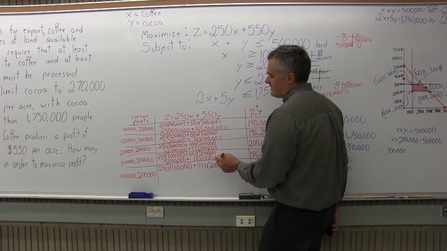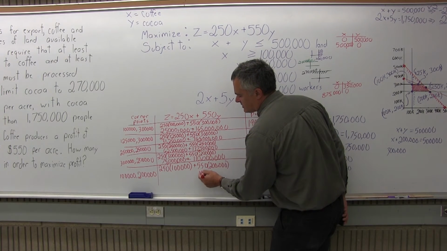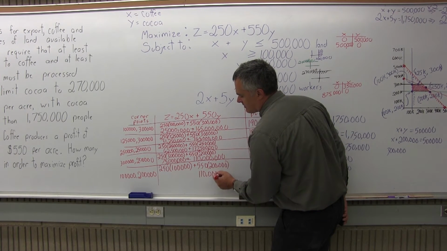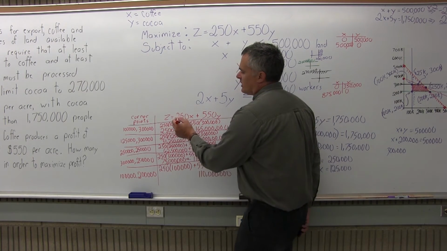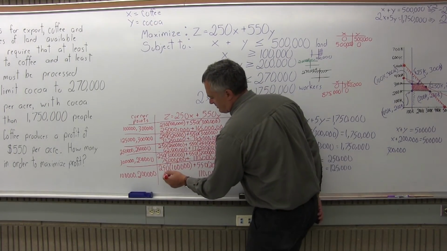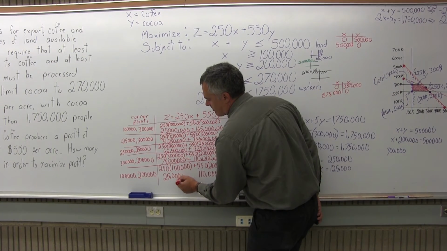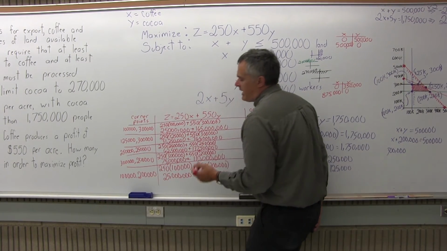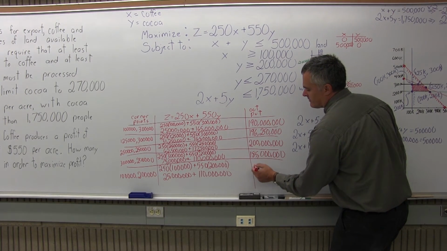The 550 times 200,000 I just did in the previous line. It's 110 million, so I'll just reuse that work. And the 250 times 100,000 I did before in the top line. It was 25 million, so I'll reuse that. Now 25 million plus 110 million is 135 million.